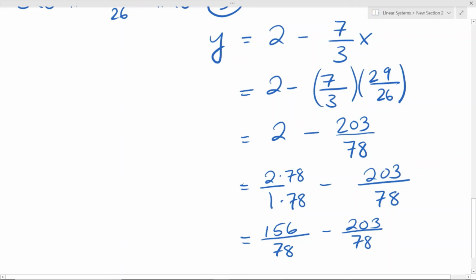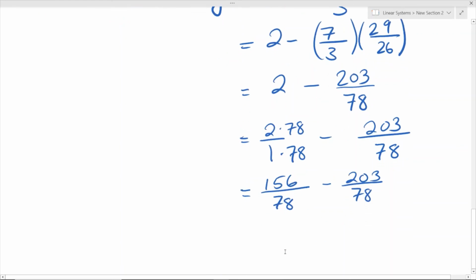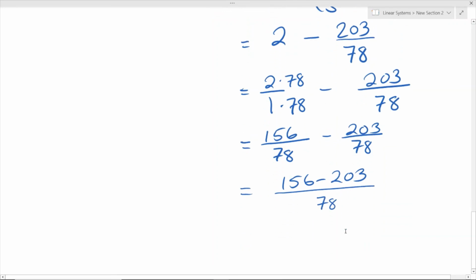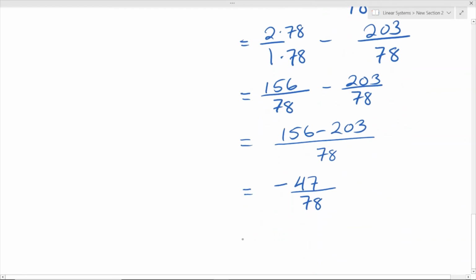And since we have a common denominator, we can basically combine these fractions together, subtract them. Same denominator, which is perfect. So 156 minus 203 is going to give us negative 47 over 78. And there we have it.